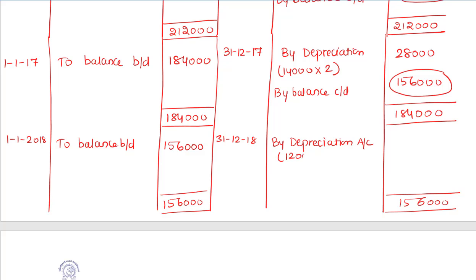By depreciation, 12,000 multiplied by 2, which is 24,000.